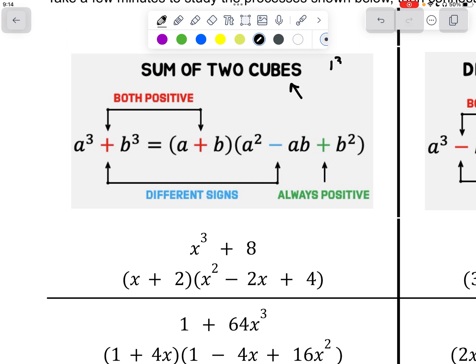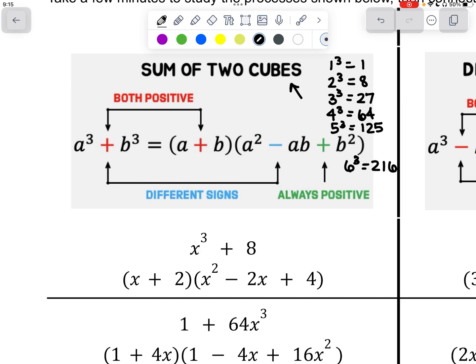So just think about 1 times 1 times 1, 2 times 2 times 2, 3 times 3 times 3, 4 times 4 times 4, 5 times 5 times 5, 6 times 6 times 6, maybe it's 216, and so forth.